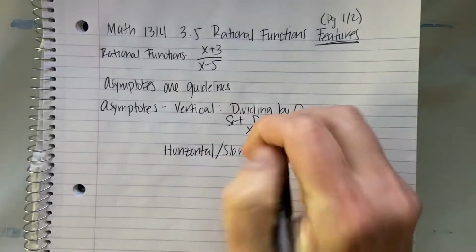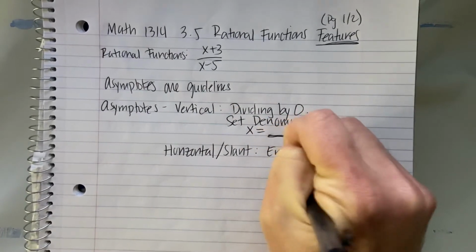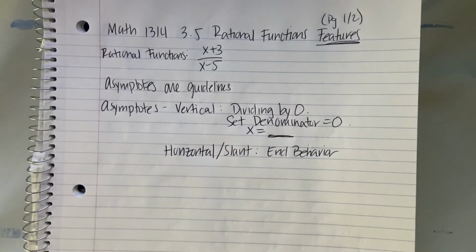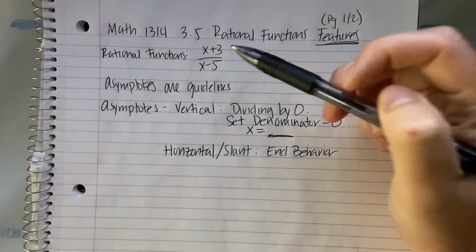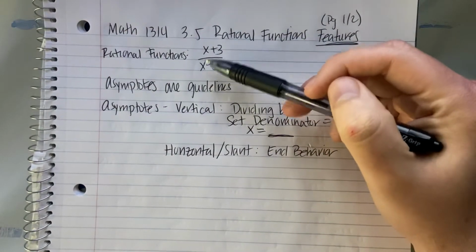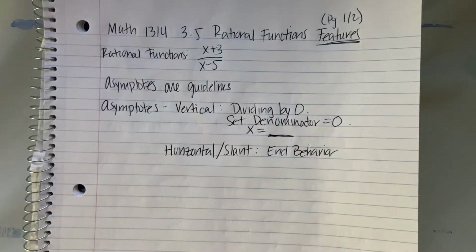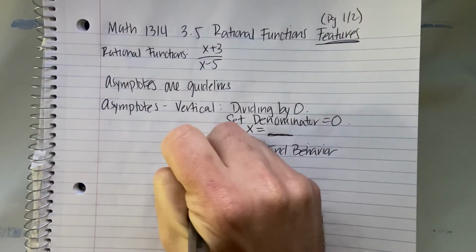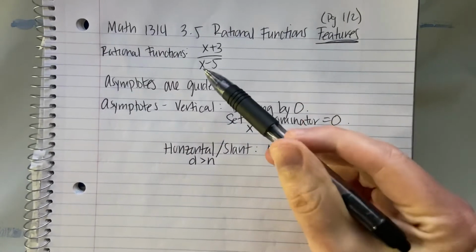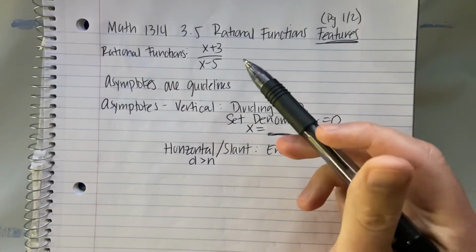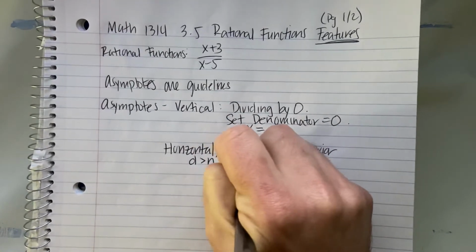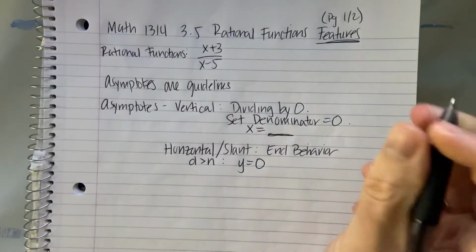And this is caused by the end behavior. And what that means is as x gets really big or really small. So up here, when the powers of x are even, that creates a horizontal asymptote. There's 3 situations here. If the denominator overpowers the numerator, then you have an automatic horizontal asymptote at y equals 0.